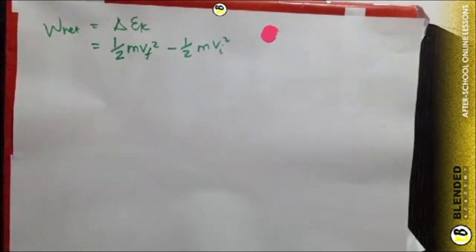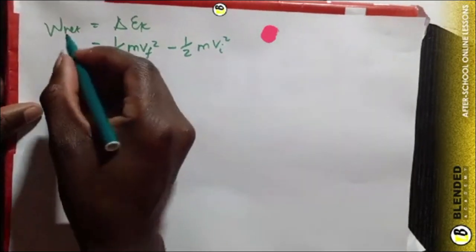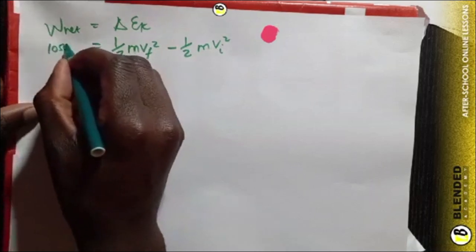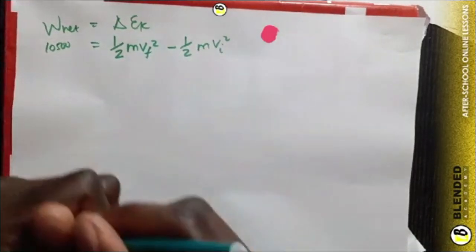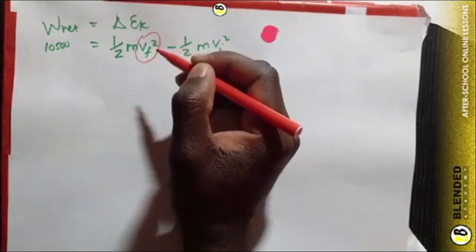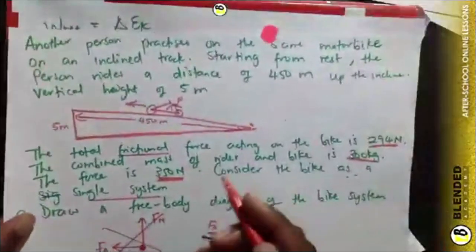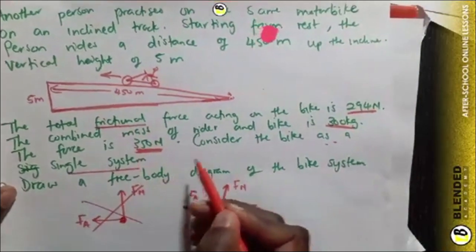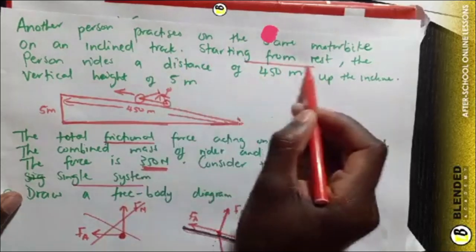All right, so we have the net work. We just put in the work that we got here, which is 10,500, and now we need to find the final velocity, because the bike is going to start from rest.